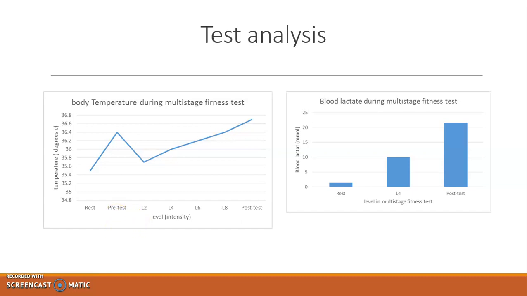As the intensity increases, the muscles recruit larger motor units to stimulate fast glycolytic fibers, which produces more heat and also lactic acid, which is shown in this graph here, the blood lactate during the test. So it shows that the blood lactate increases as the intensity increases, as the fast glycolytic fibers are being recruited by the large motor units, and therefore are producing lactic acid.